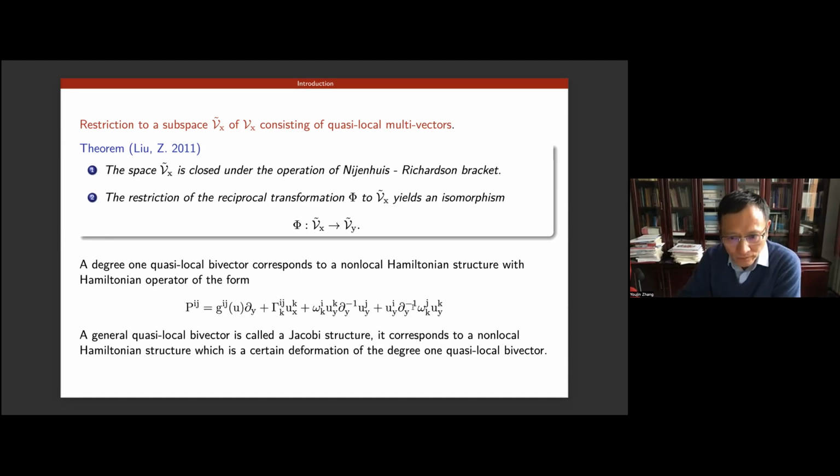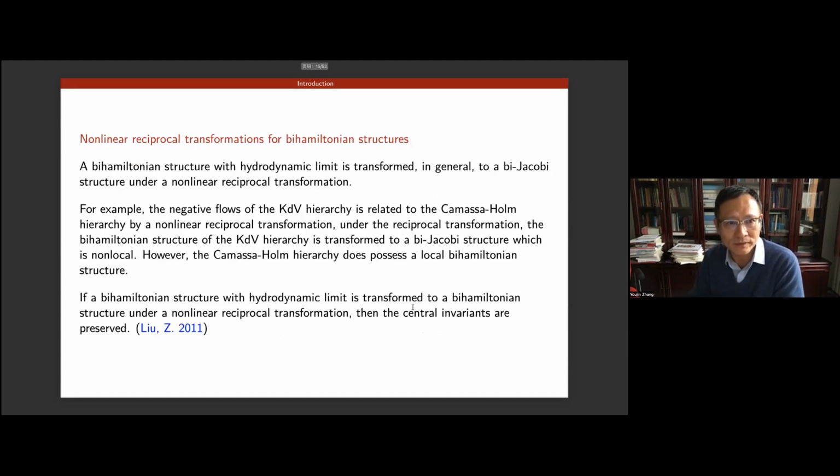Okay, so this is the case. For our purpose, this result is not so nice because the bihamiltonian structure we consider is always local. We require local bihamiltonian structures. But after such a nonlinear reciprocal transformation, they usually become non-local. They become bi-Jacobi structures.